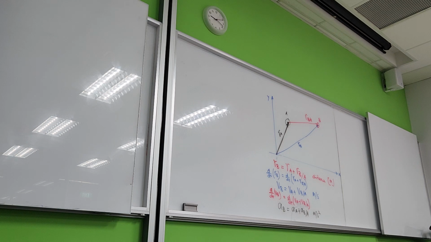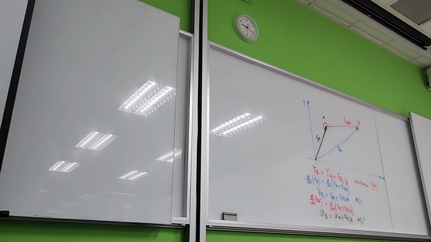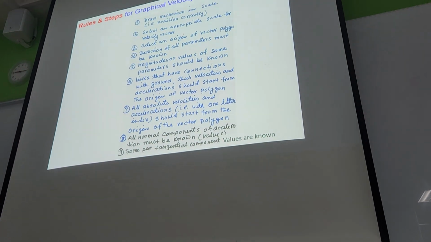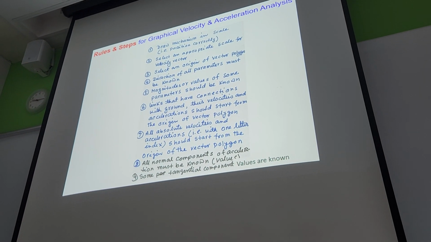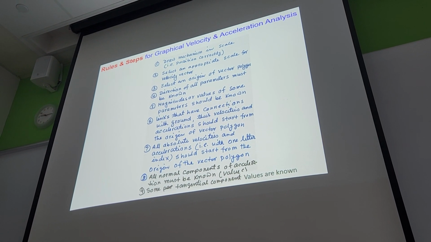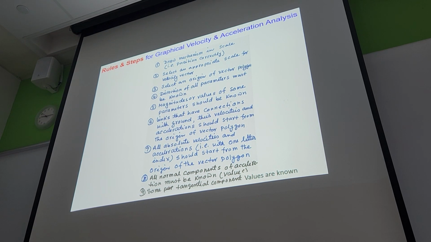And in the graphical way, one important thing is that we need to know a few rules. I think I wrote them for you, but I'm not sure in Canvas it is very clearly shown. But I actually wrote here for you nicely with my caricature writing. I believe that you will be able to read it. The first thing, draw the mechanism to scale. Position them correctly.